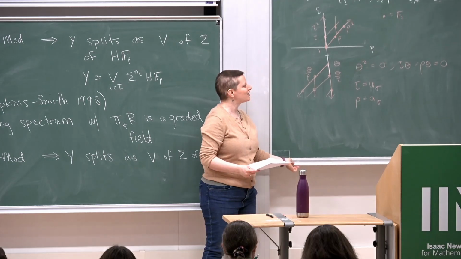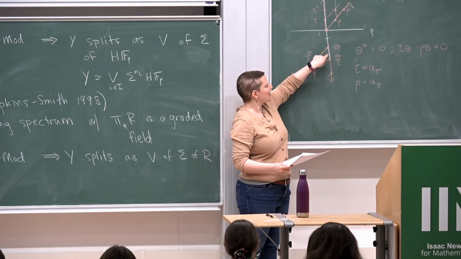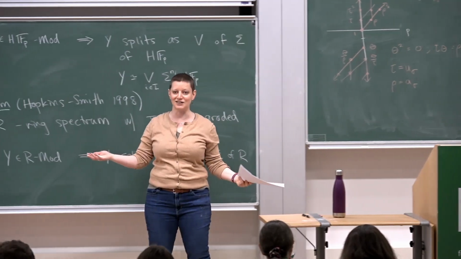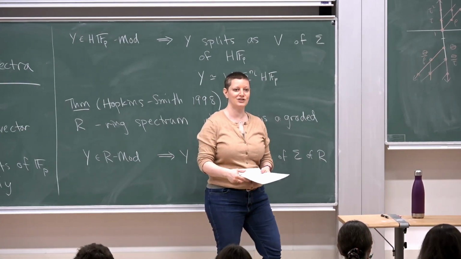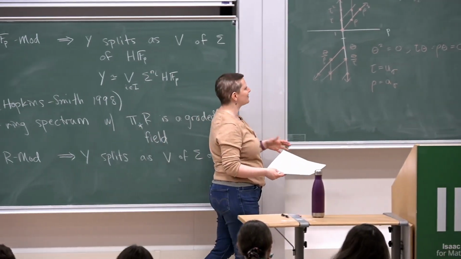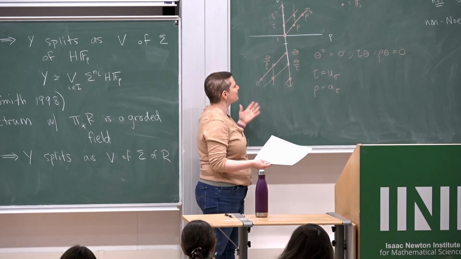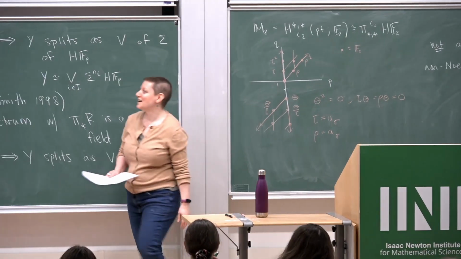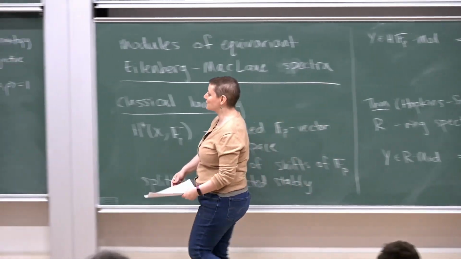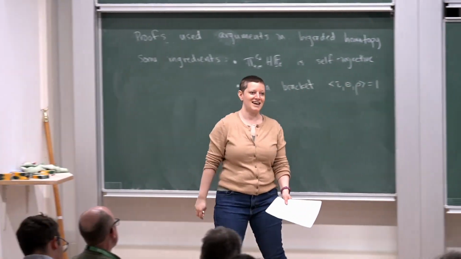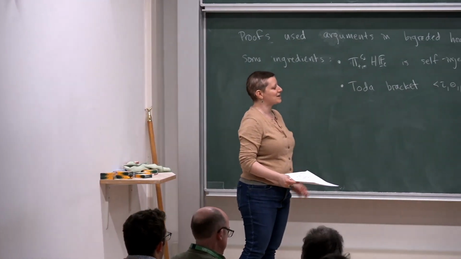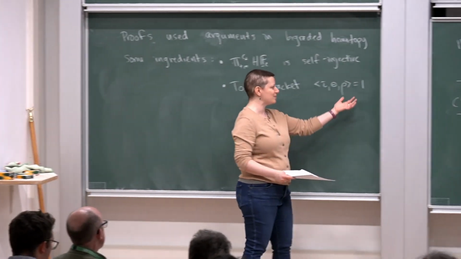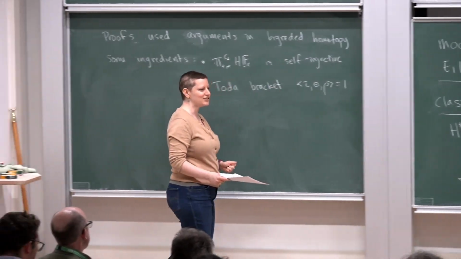I said that tau times theta is 0, and rho times theta is 0. So if I multiply tau, theta, rho, I get 0, but I get 0 in two ways for two reasons. And taking that information and putting it together, I can form a Toda bracket. And if you have seen Toda brackets before, then you know that a Toda bracket should really be a set. And when I write equals here, I mean that there's 0 in a term of C. And so that set has one element, and it is just 1, the unit in the ring.